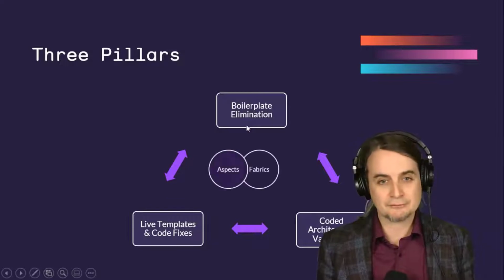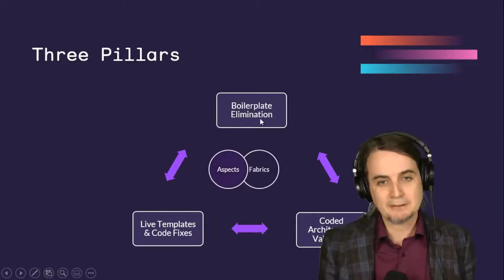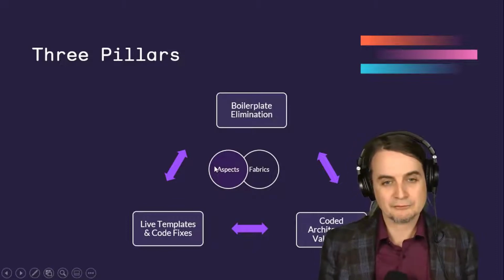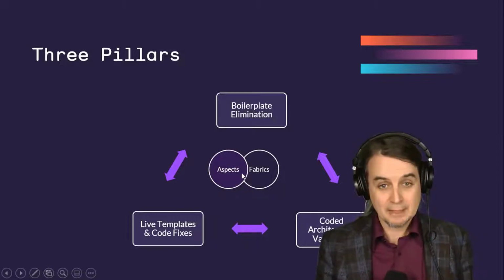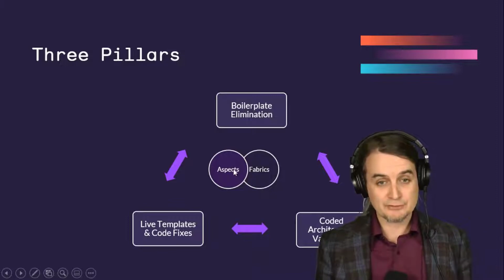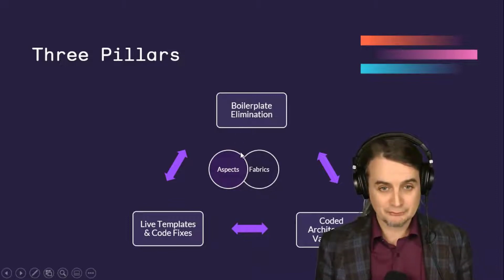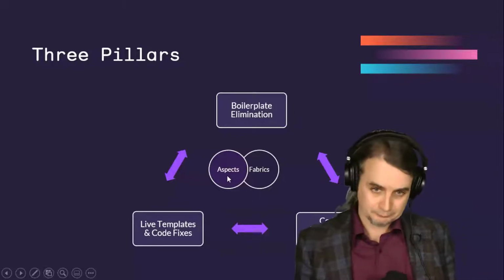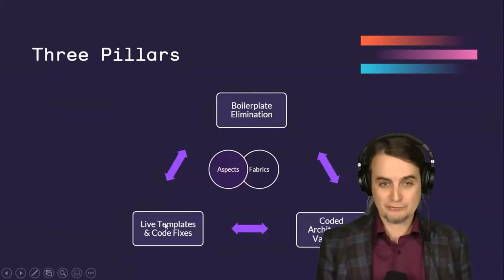At the center of these three pillars, aspects are still the base of everything, because aspects are the things that provide advice, that transform code, that provide validators, and that suggest the code fixes.